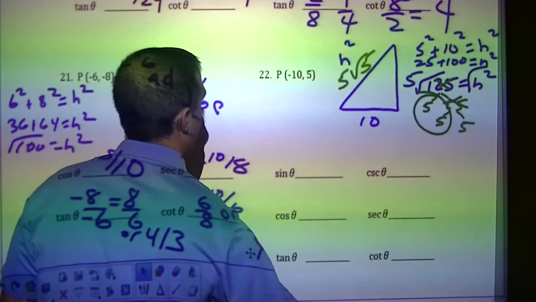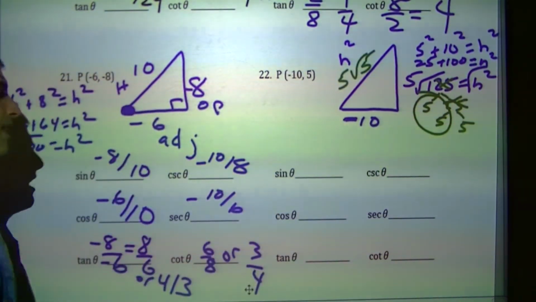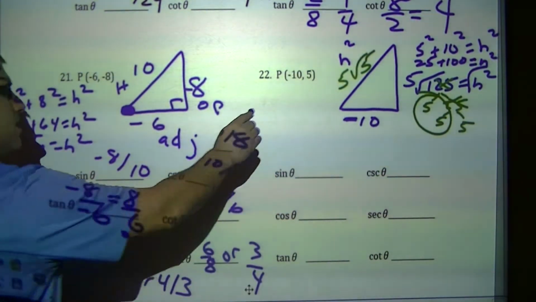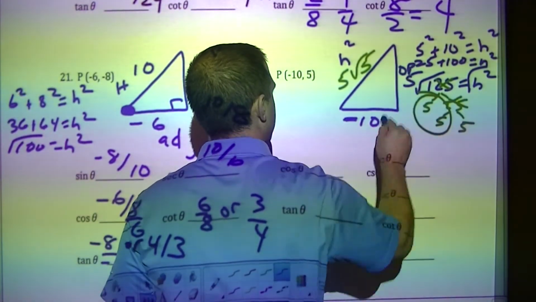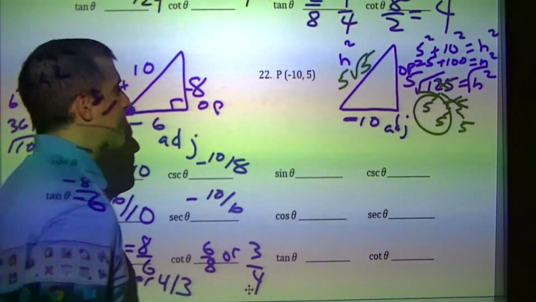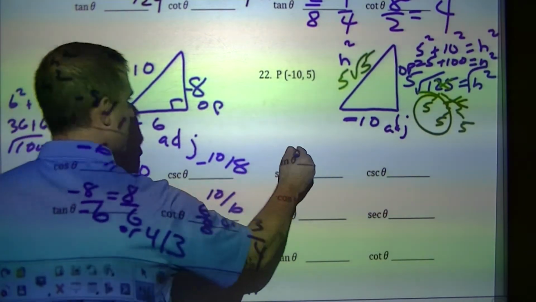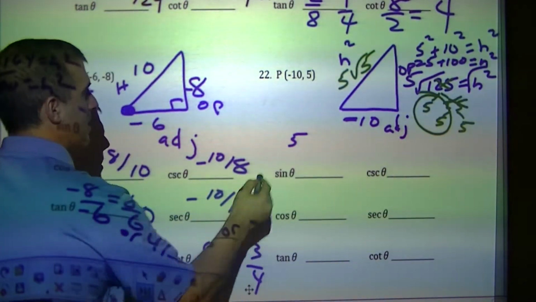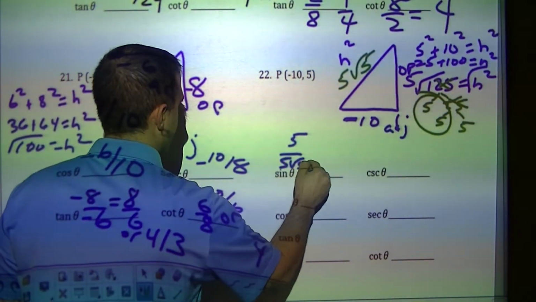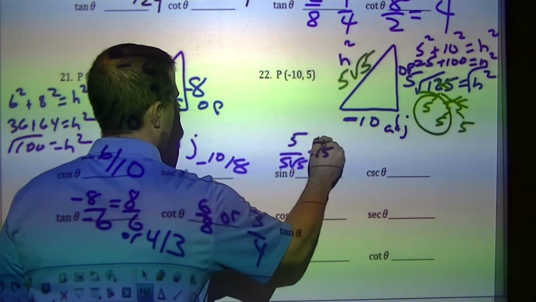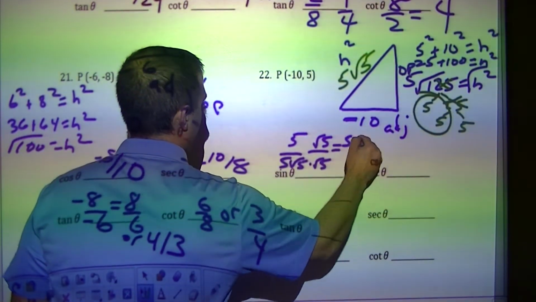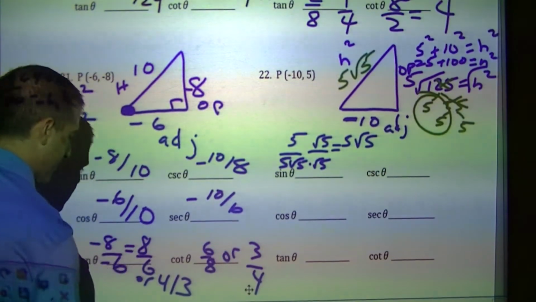Now, I'm going to go ahead and put the negative in right there, okay? Now, for sine, this is the hypotenuse, this is the opposite, this is the adjacent. The same thing that happened from before. So that's going to be 5 over 5 square root of 5. So what I'm going to do is multiply by square root of 5. So that's 5 square root of 5. I'm going to use my calculator to figure out the bottom.